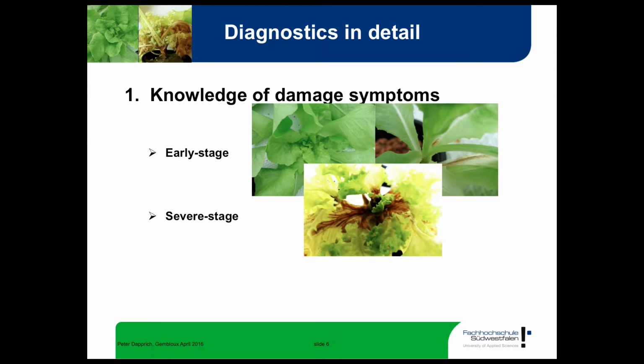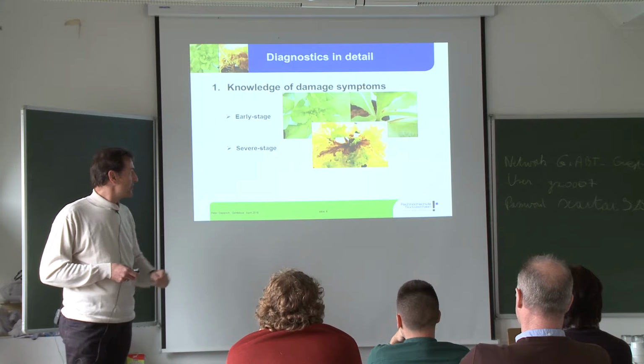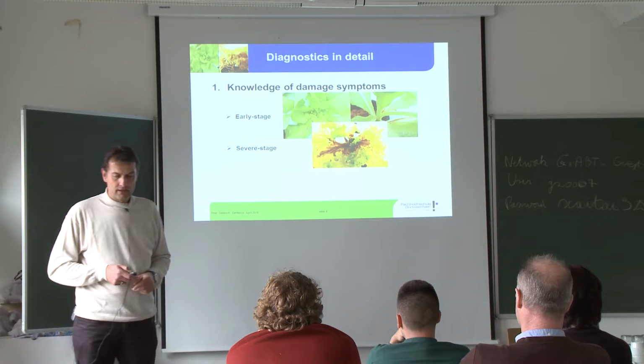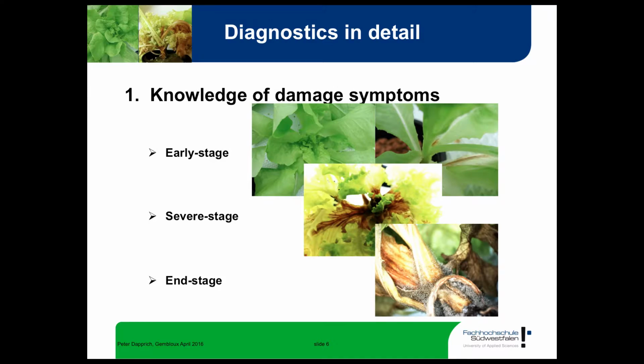A few days, roundabout a week later, we have the severe stage. The plant looks like this. And then at the end stage, we find something like that. And if you take a close look, here is just necrosis, brown material.